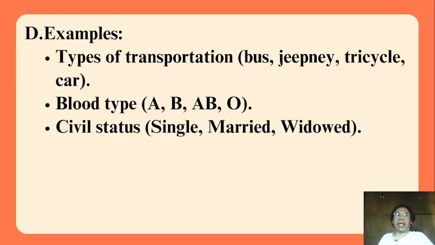Examples of qualitative data are the types of transportation, like bus, jeepney, tricycle, car, the blood type, the A, the B, AB, and O, the civil status, single, married, widowed. These are all qualitative data.